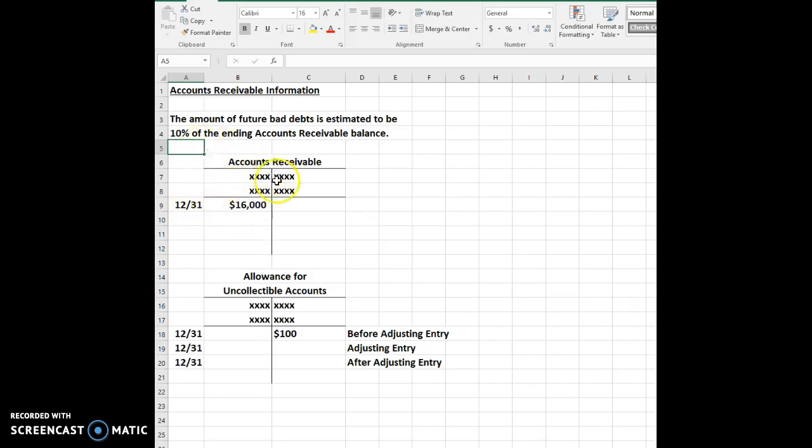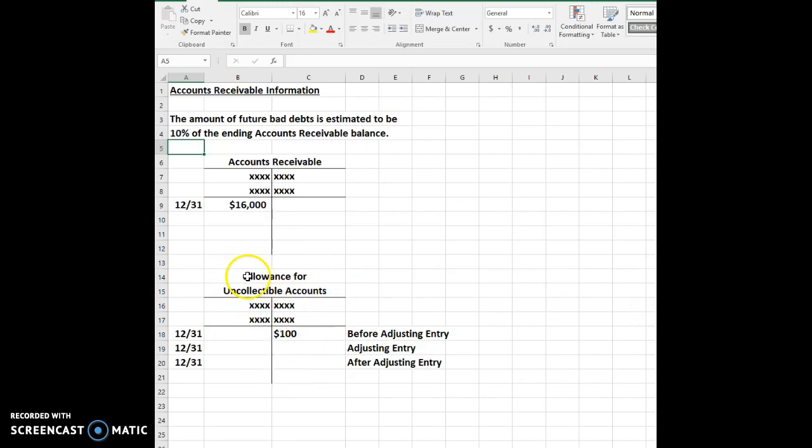Now, on our company's estimate, based on our experience, generally 10% of the ending balance of accounts receivable will not be collected. So we can see easily that 10% of $16,000 will be $1,600. Now, the total of $1,600 is the amount we want in the account after the adjusting entry.